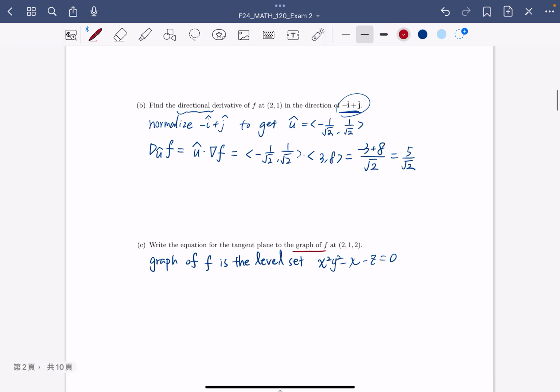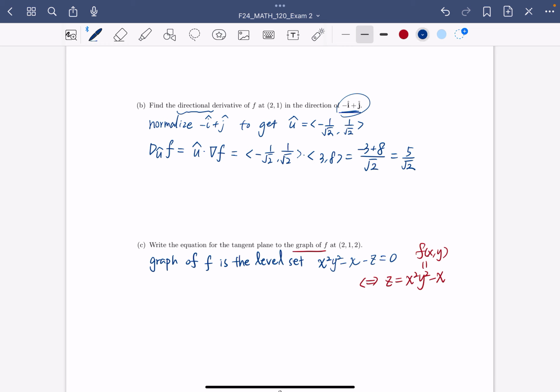Because this is equivalent to saying that z equals x squared y squared minus x, where the right hand side is exactly f of x, y.